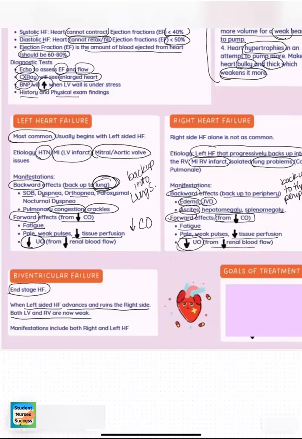So you have not only a weak left ventricle, but you also have a weak right ventricle, and blood is backing up into the lungs and into the periphery, and you have decreased cardiac output. So your manifestations are both right and left heart failure. So biventricular failure is really related to this phenomenon where the left has ruined the right.